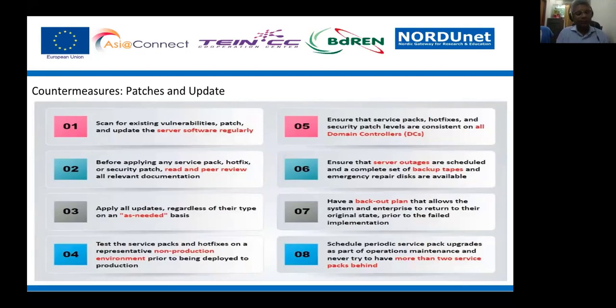Because if you have the new version of the software, it will add new security patches and new types of security. So if you update it regularly, especially the operating system as well as other patches, then it will secure your system more.